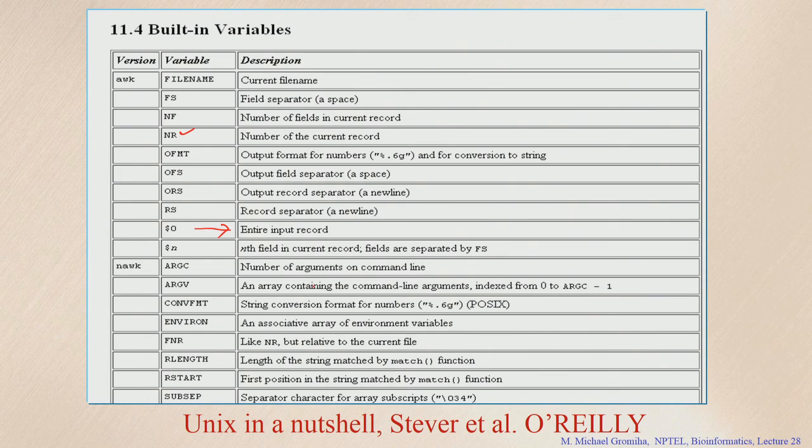Likewise you can see FNR, like NR but related to the current file. Use any of these variables and get the description, and accordingly you can manipulate these files using this awk command. You can see some more information, and you can also use nawk for more information.